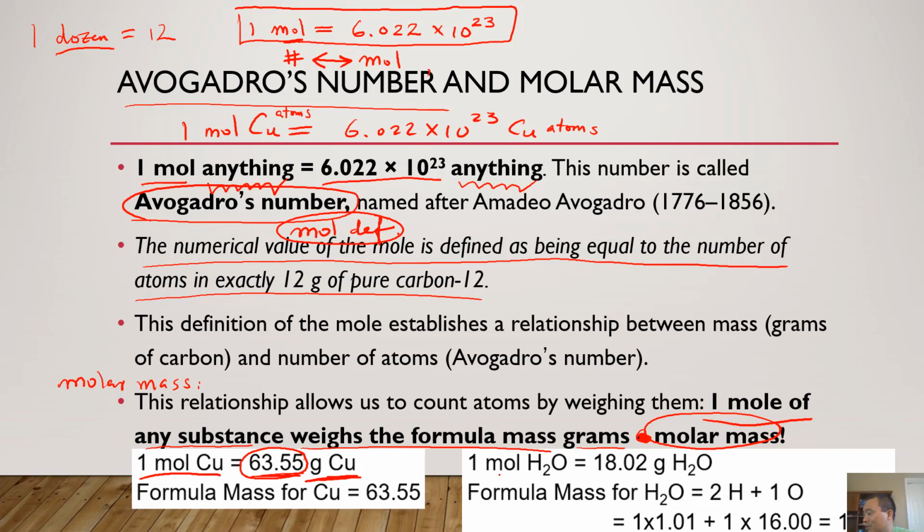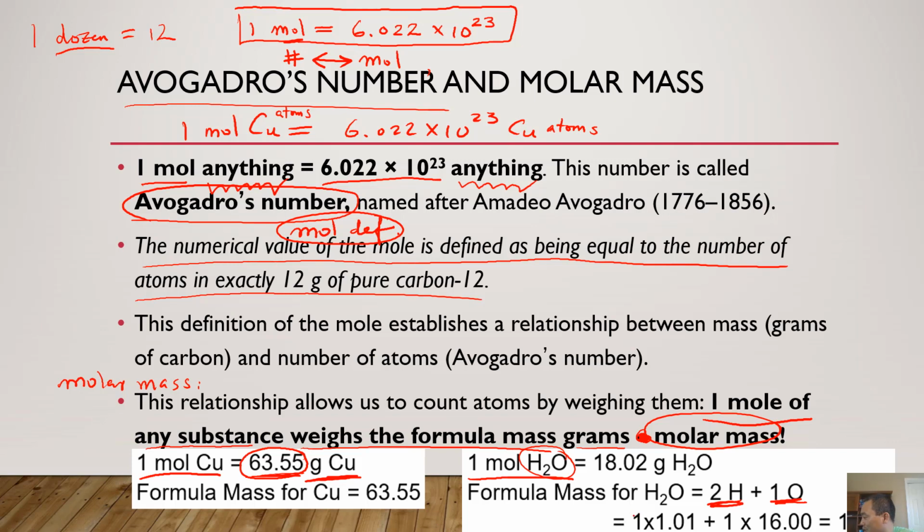Similarly, for example, how many grams of water are inside 1 mole of water? Remember, 1 mole of anything will weigh the formula mass in grams of that thing. So the formula mass of water, when you calculate, is 2 hydrogen plus 1 oxygen. You look at the periodic table and find the atomic mass for hydrogen and oxygen.